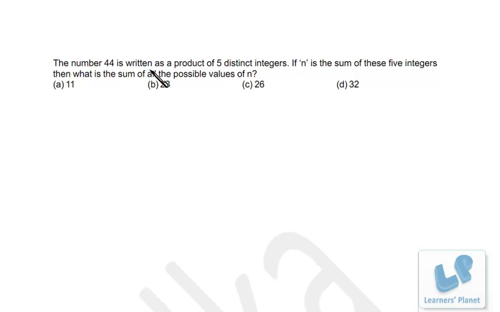Now, the number 44 is written as a product of 5 distinct integers. If n is the sum of these 5 integers, then what is the sum of all possible values of n? Now very simple. 44 is actually 2 into 22, but we need to have 5 distinct integers. So it's 2 into 11 into 2.